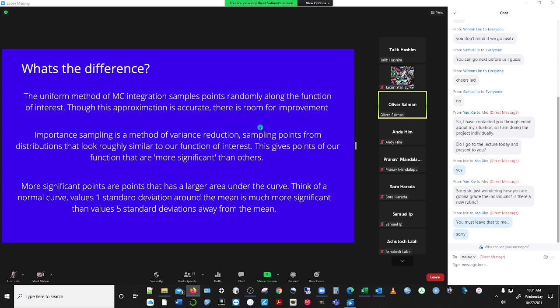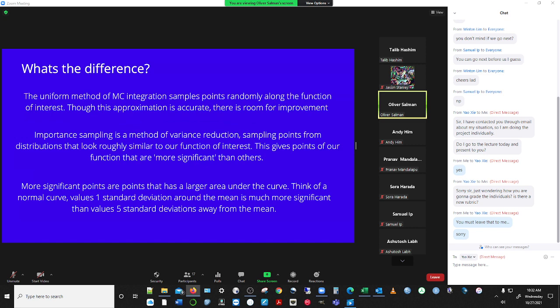So what's the difference between these two? The uniform method of Monte Carlo integration samples points randomly along the function of interest. Though this approximation is accurate, there is room for improvement. Importance sampling is a method of variance reduction, sampling points from distributions that look roughly similar to our function of interest.